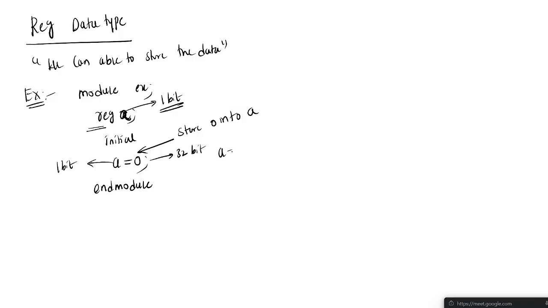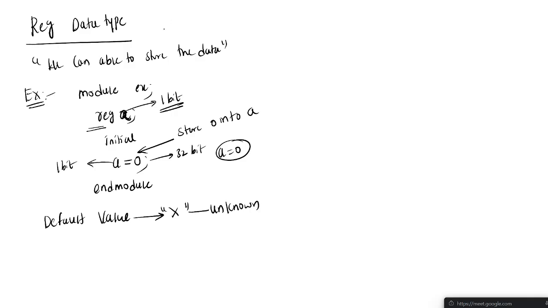So that means here A equal to what? The LSB bit 0 will be stored. What is the default value? Default value is unknown. Either it may be 0 or unknown.